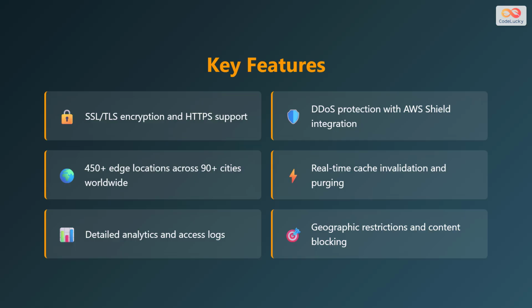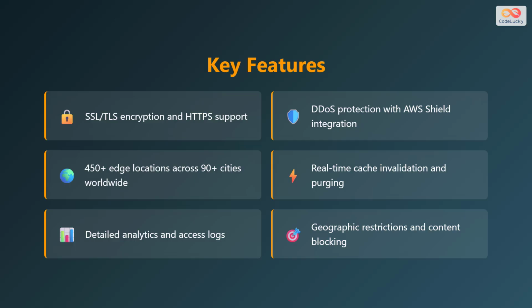CloudFront offers several powerful features. It provides SSL and TLS encryption with full HTTPS support for secure content delivery. It includes DDoS protection through integration with AWS Shield, helping protect your applications from distributed denial of service attacks.